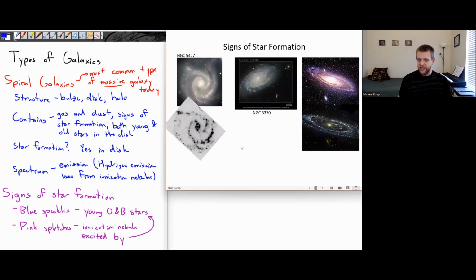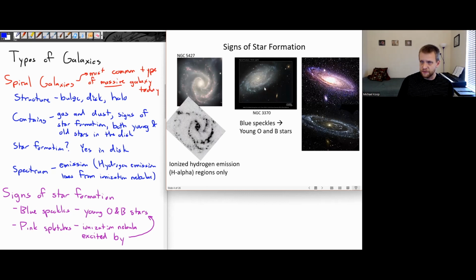Again, looking in more detail at the signs of star formation, these are all examples of spiral galaxies. In this one, this is a visible light image. This one is looking specifically at those hydrogen emission lines. Again, inside of those spiral arms, we see those ionization nebulas shine very strongly, and those are the regions of star formation.